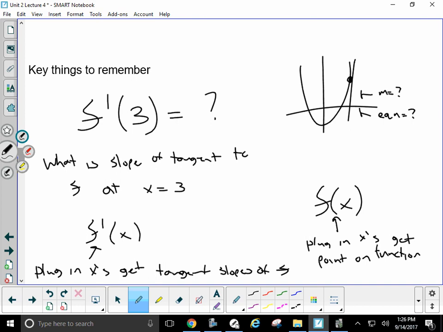And we're going to need two things. We're going to need the slope of the line, but we also need one point. Well, this point comes from f of x, which equals y, and this slope will come from f prime of x. F prime gives me the slopes of tangents. F gives me points on my original function.